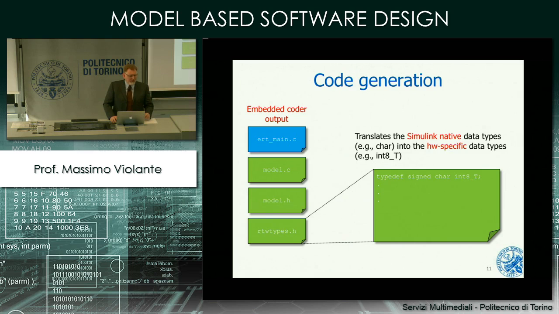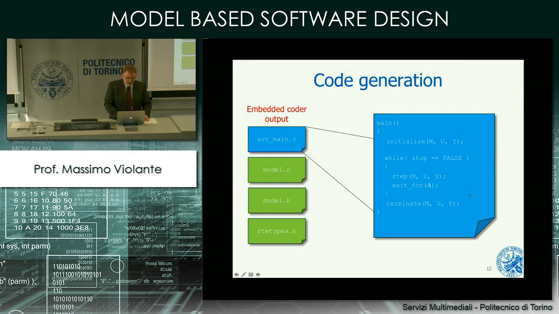If you open the configuration parameters and select the hardware implementation tab, you will see a portion of the screen that tells you how many bits you want to use to represent the char. And guess what? It is 8. This is because here we have the correspondence between char and int8. Okay? Is this clear?